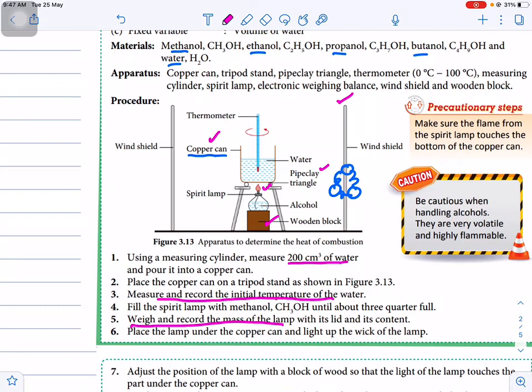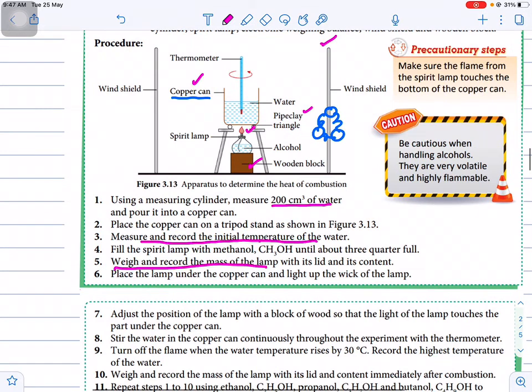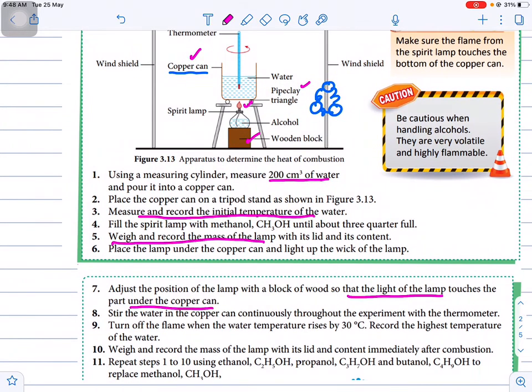So kita dapatkan dia punya mass, and then place the lamp under the copper can, light up the wick, and then adjust the position so that the flame of the lamp touches the part under the copper can. This is what I meant just now, supaya there is no heat release to the surrounding. Stir the water in the copper can continuously with the thermometer.